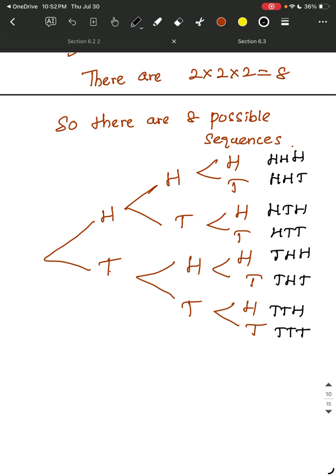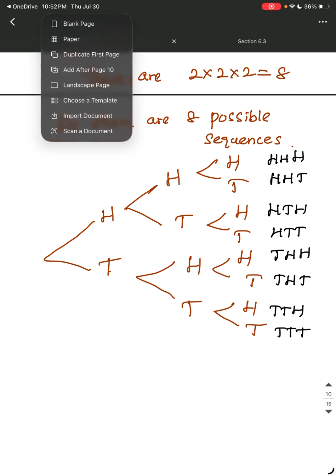Right? Okay, let's move towards an exercise. A restaurant offers 4 sandwiches and 3 drinks.